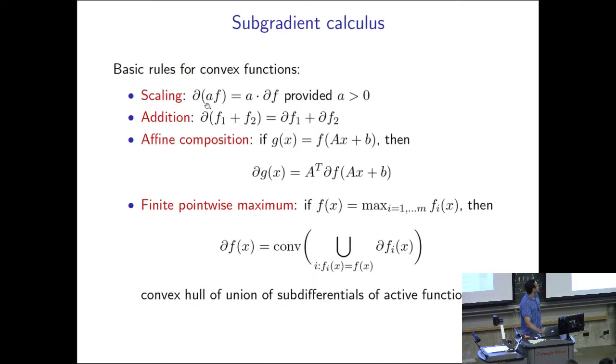So it's important we're talking about positive scalars here. By this I just mean take every element of the subdifferential and multiply it by a. If we have two convex functions and we add them, then their subgradients are just the sum of their subgradients. It's also very important that I'm talking about convex functions here.